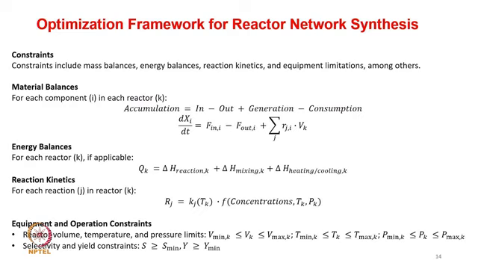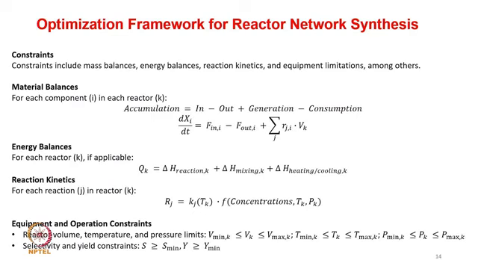And of course, heat balances are there, Qk, which includes heat of reaction, heat of mixing, and heat of heating or cooling. And reaction kinetics is a function of temperature, concentration, pressure, and so on.